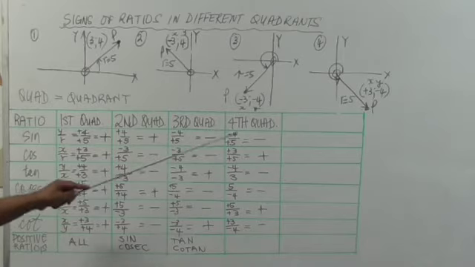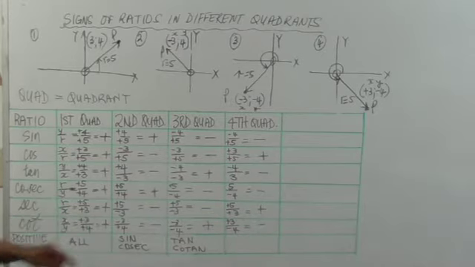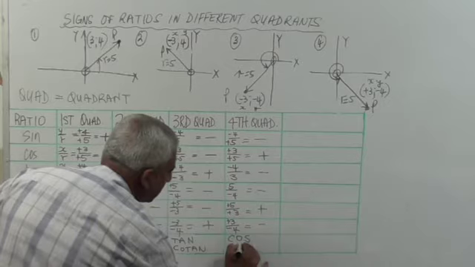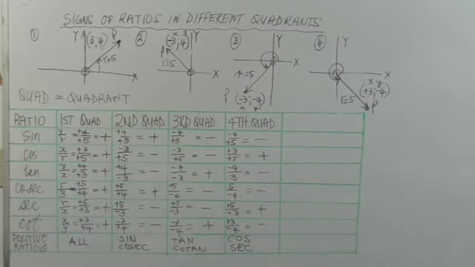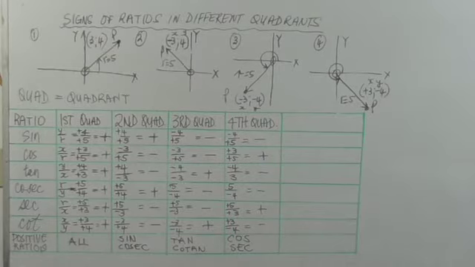So in the fourth quadrant we find that cos and sec, that means cos and its reciprocal, are positive. So we have a summary, and we can do the summary like this.